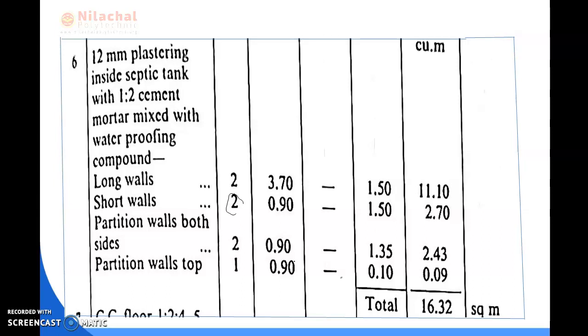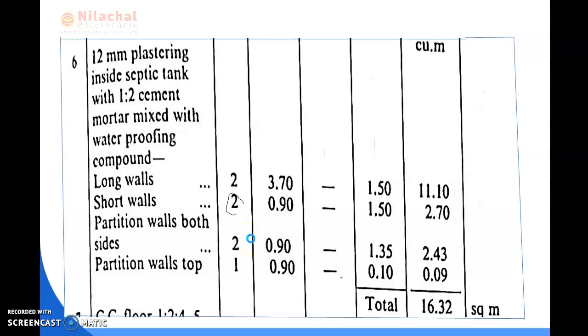Then we go to the partition wall both sides. The partition wall, also called the RB wall, needs plastering on two sides for one wall, so the number is 2.